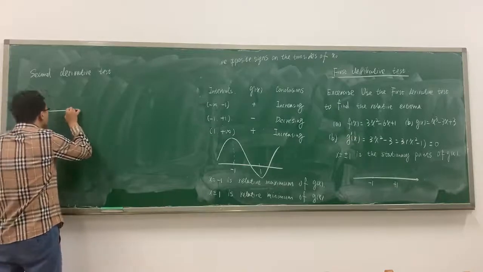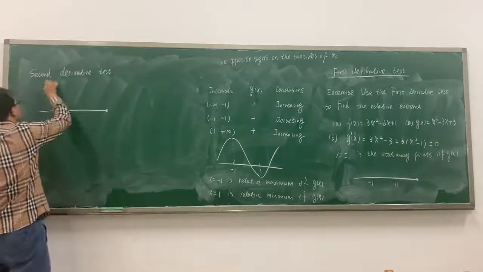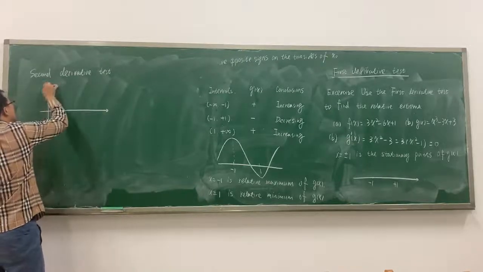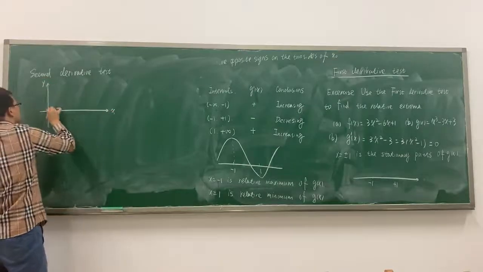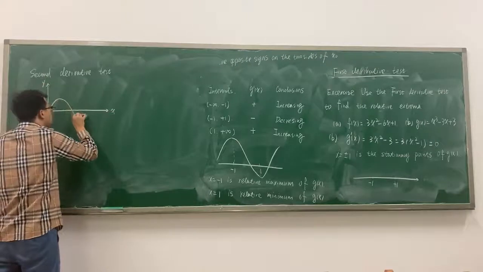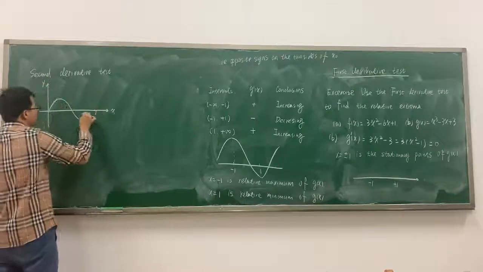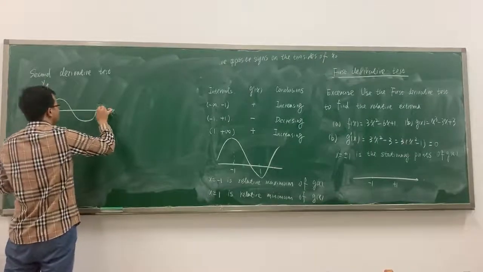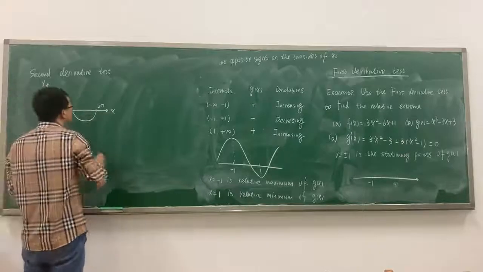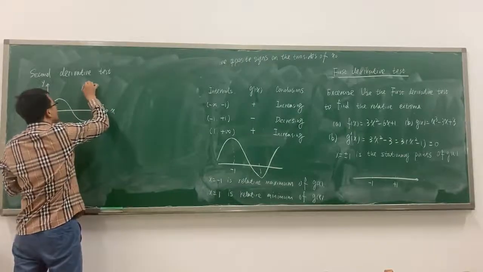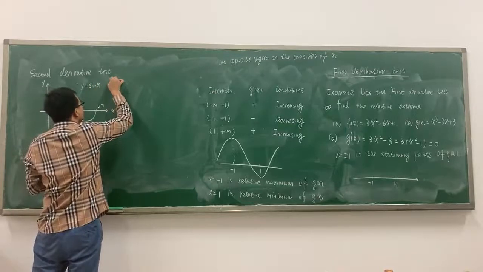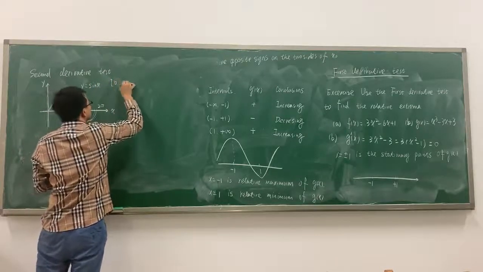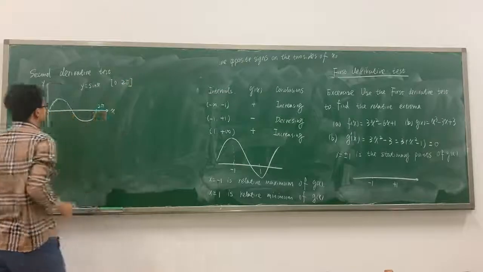Here is x, here is y, and y equals sin x. Here is 2 pi. So this function is y equal to sin x, in the interval 0 to 2 pi.